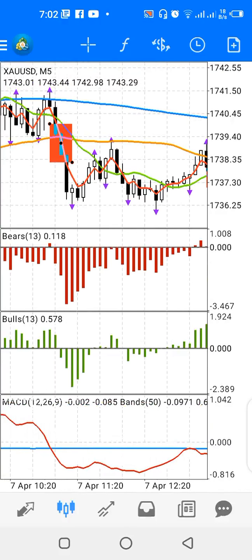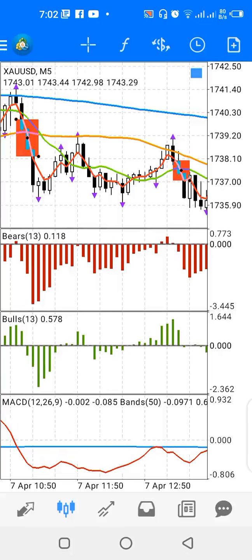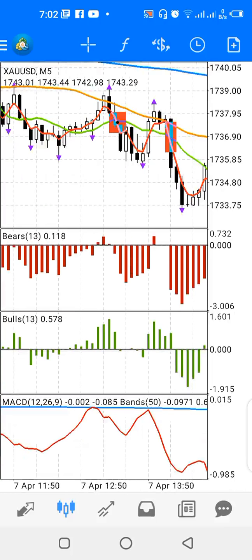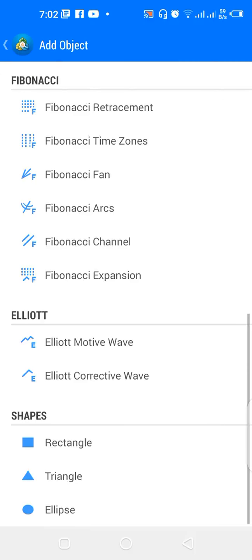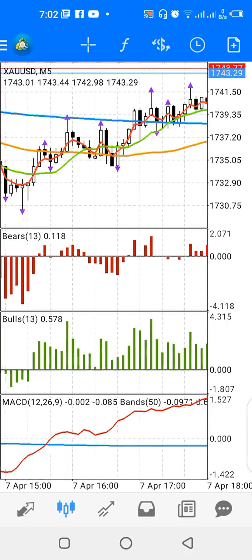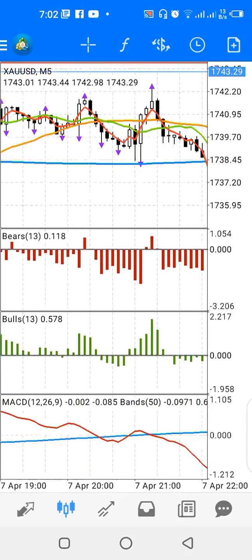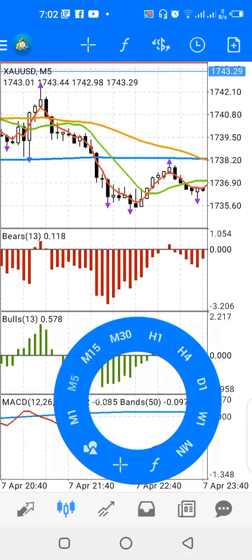So when the green bars start to develop prominently, not just small development, but prominent development, that's when you sell. This is where you sell. When it develops below the zero level, it's time to sell.